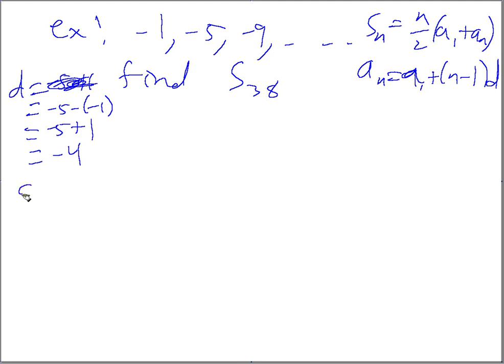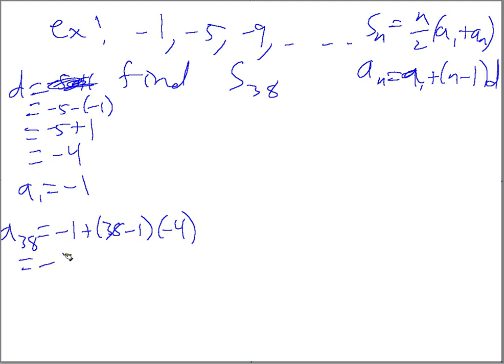All right, first term is going to be what? -1. No big deal there. And I need to know the 38th term. So let's figure that out. A38 in this case will be using this formula here, right? A sub 38. So -1 plus 38 minus 1, that's a 38 there, sorry about that, times -4, the common difference.